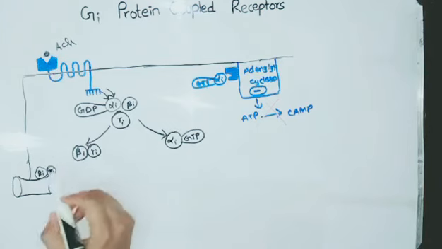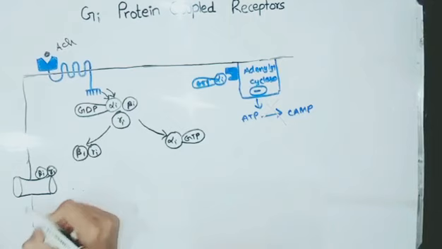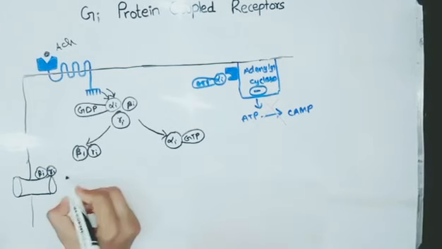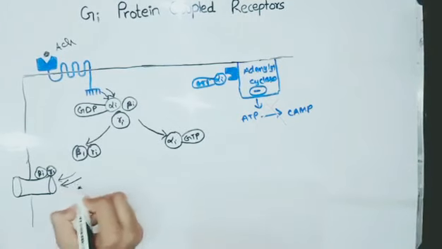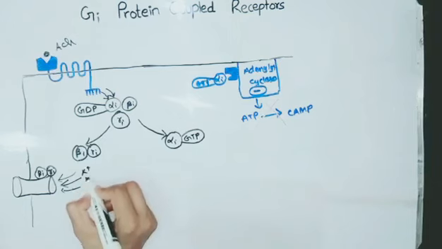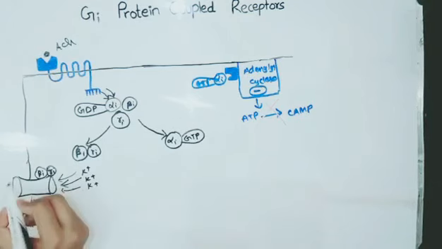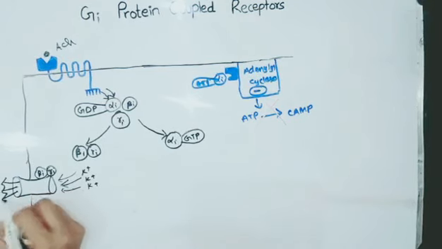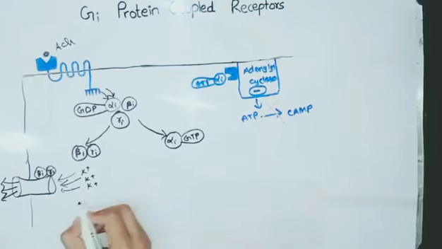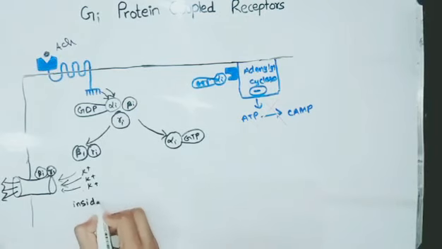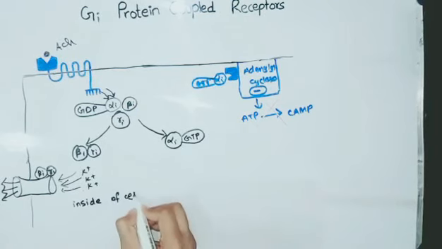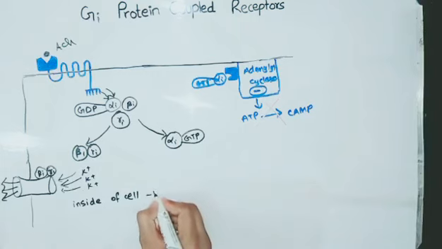So when this binds to the potassium channel, the potassium channel will open, and there is an efflux of potassium. This potassium will move out of the cell, and the inside of the cell is now negative.